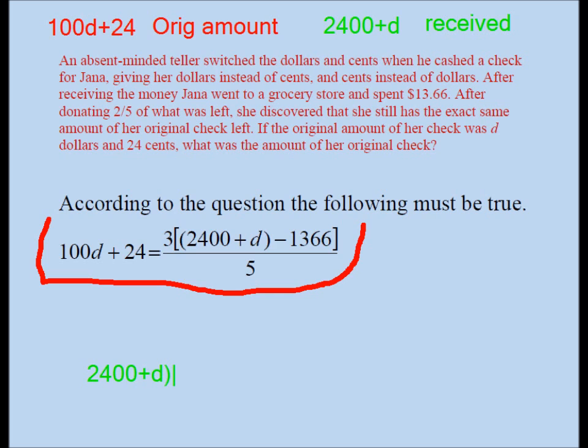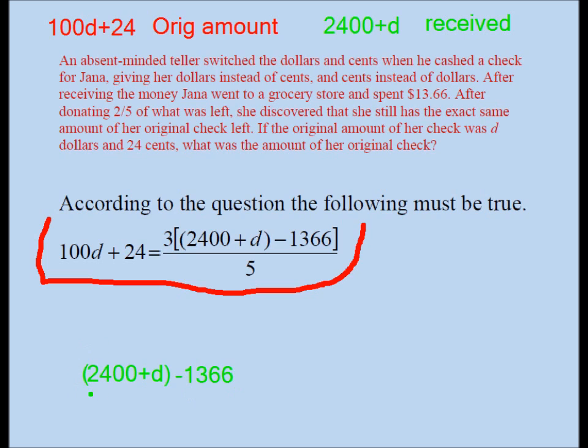And then she spent $13.66. So basically what we have here in green is the amount she had when she walked into the grocery store, and this is the amount she had when she walked out, because you subtract 1366.